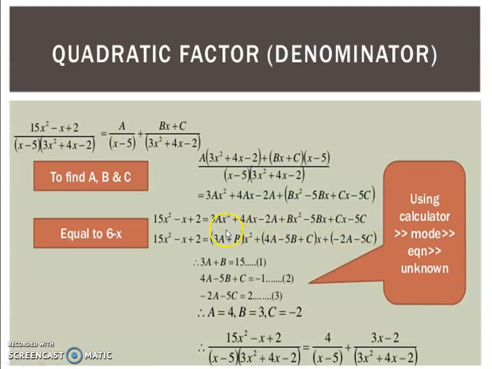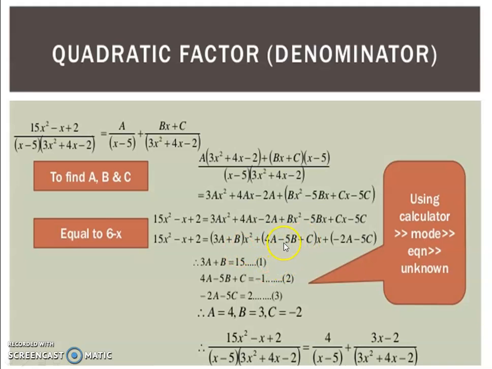The remaining terms are constants: minus 2a and minus 5c. Now in equating we state that 15 and 3a + b are equal because x² gets cancelled. So 3a + b is equal to 15.